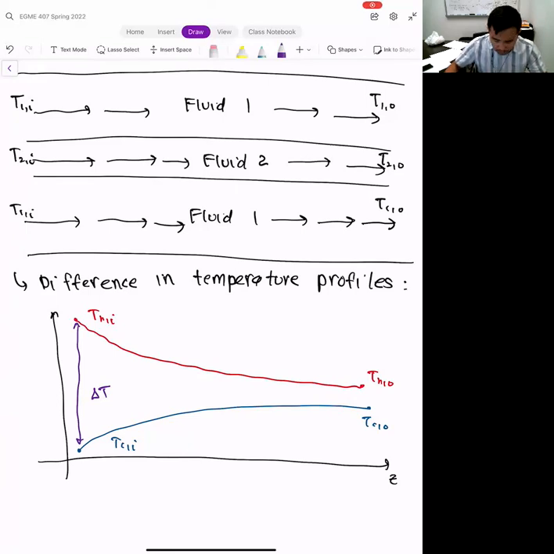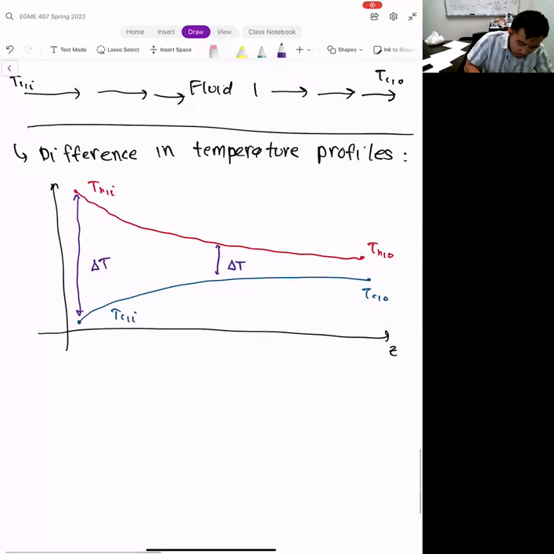But as the two fluids exchange heat, they're going to come closer together in terms of temperature. That's generally what happens when you have two objects at different temperatures, because they want to attain thermal equilibrium. That's exactly what you see here as the two fluid temperatures come closer and closer together. As you get closer over here, delta T is a lot smaller.